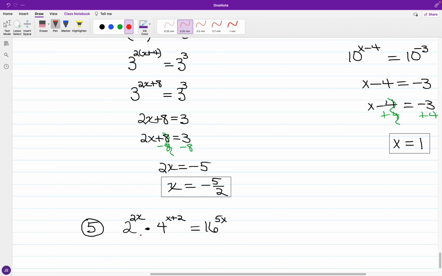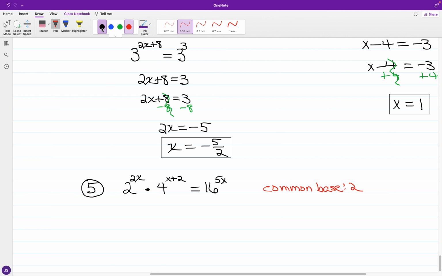So you've got 2, 4, 16. Now, you've got the number 2. 4 is a multiple and an integer power of 2. And the same thing can be said for 16. So we have the common base already in play. All right, so rewriting these terms along the lines of base 2. Now, the first one we already have in base 2, so you have 2 to the 2x.